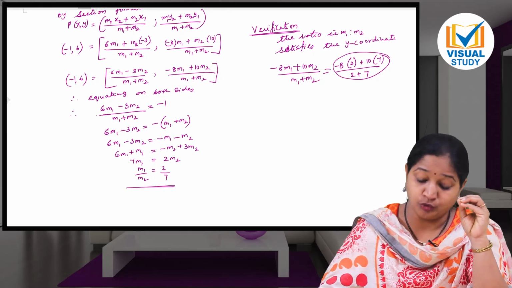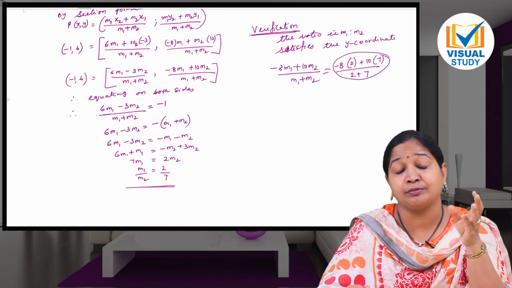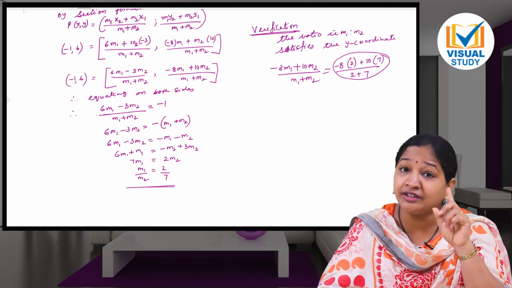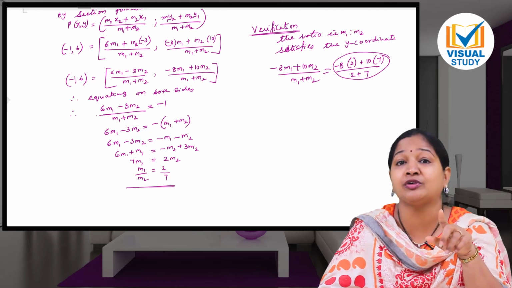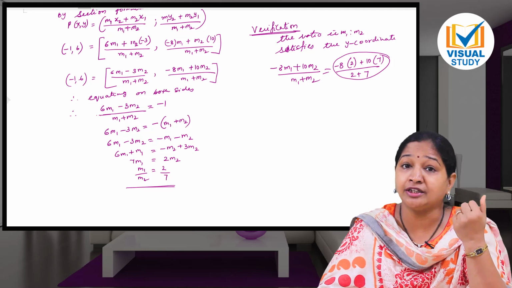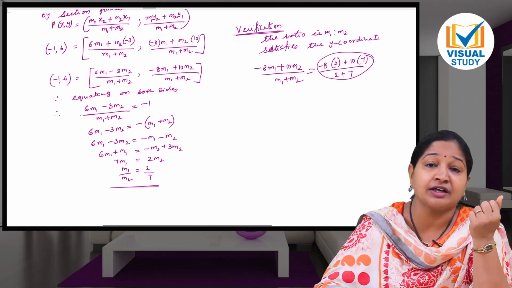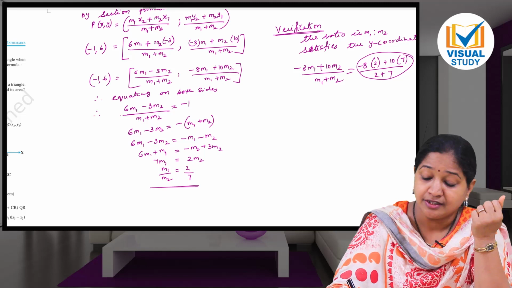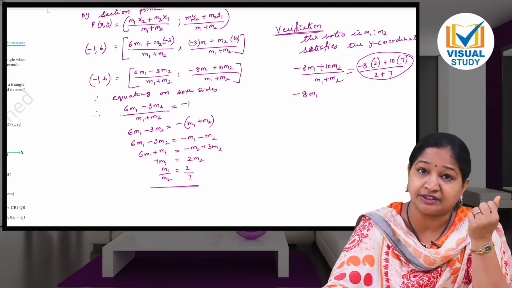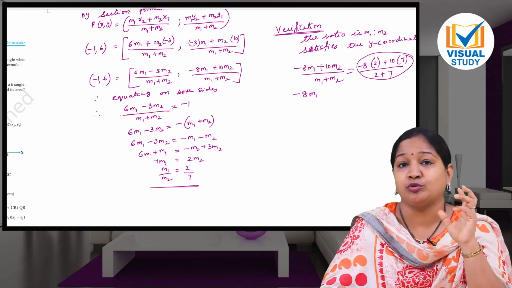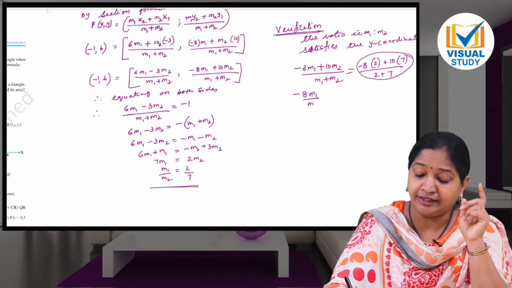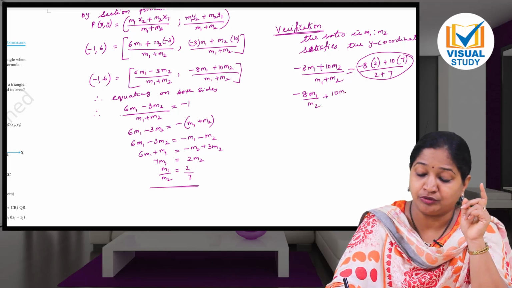Because we don't get the direct values of m1 and m2. They have given us the ratio, m1 is to m2, and in ratio and proportion we take the constant term, but here we can't take the constant term. So what we can do is divide this whole equation by m2.